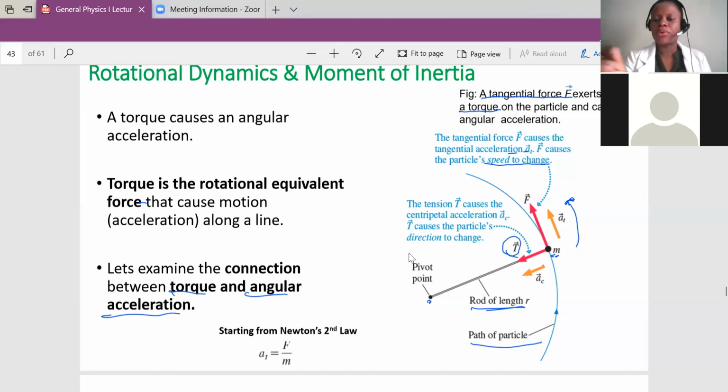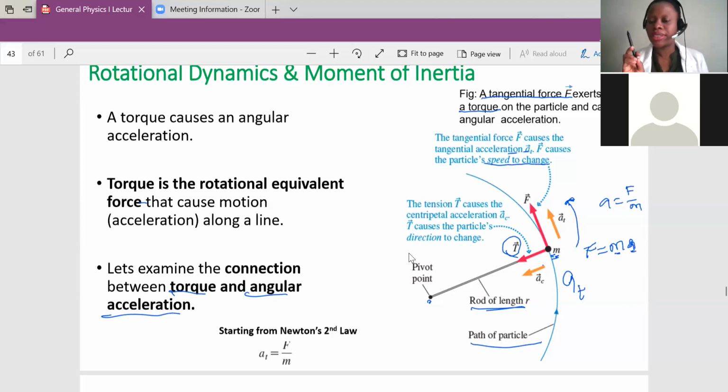Having defined that, our tangential acceleration from Newton's second law of motion, F equals ma, F for force, m for mass, a for acceleration. Making acceleration the subject of the formula, a will be equal to F over m.